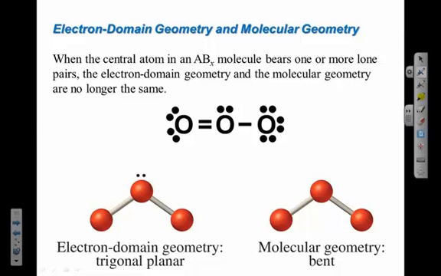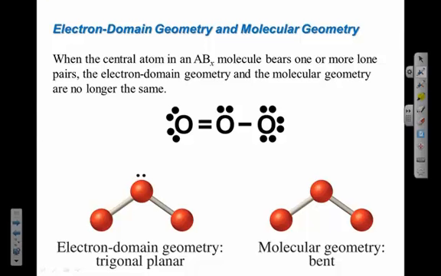So the oxygen in the center has 3 electron domains, and when I've got 3 electron domains, the electron domain geometry is trigonal planar. Trigonal means 3. Whatever it means, it's flat. It's all in one plane. Nothing is coming out of the plane of the paper or going back behind. And that's what we have, right?